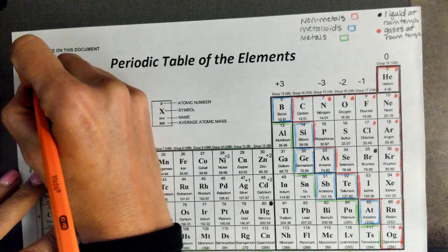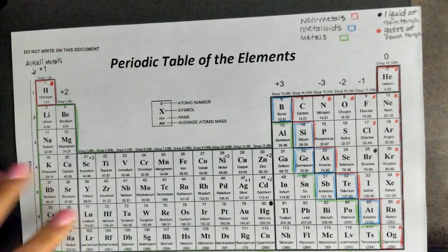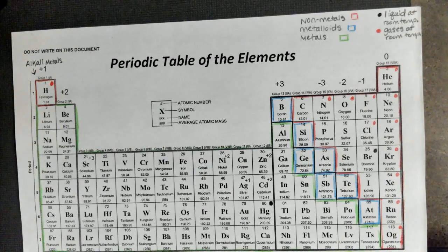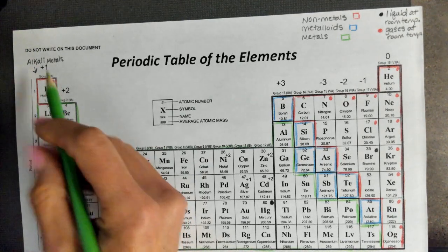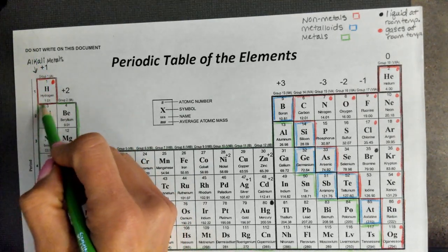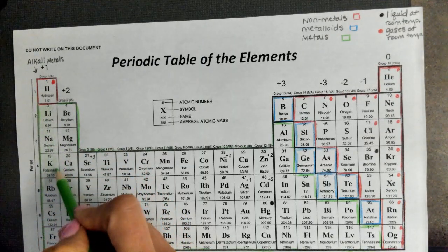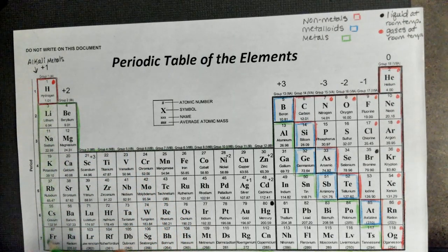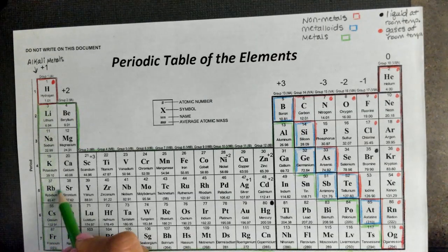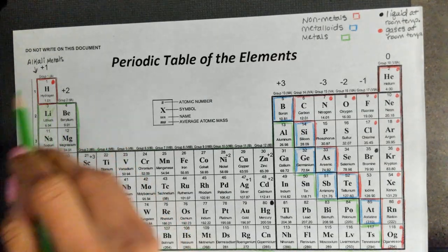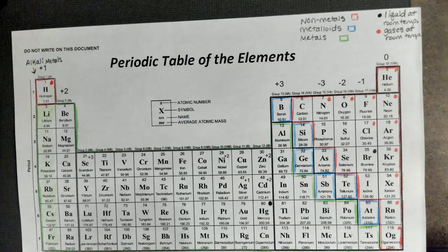Okay, that is this group right here, group 1. And we are going to shade that group green. Now, it's not hydrogen, because hydrogen is a gas, and it's also considered a non-metal. So we're only shading the elements in the first group, which are the alkali metals.